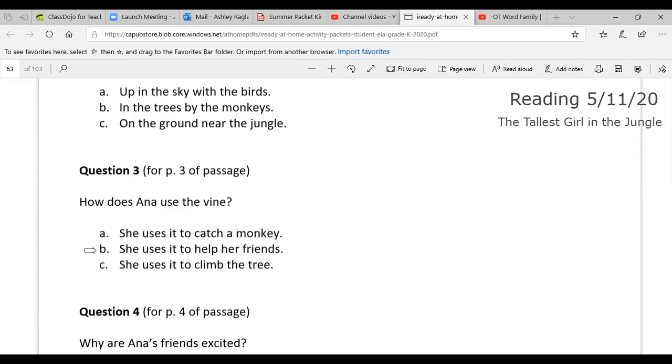No, she didn't have to help her friends do anything. I think her friends didn't have any problems and she didn't have to help them in any way. She was trying to do something though with the vine. She was using it to help her climb the tree. So you want to put C for number 3. C. She uses it to climb the tree.